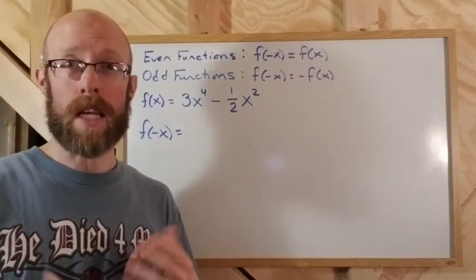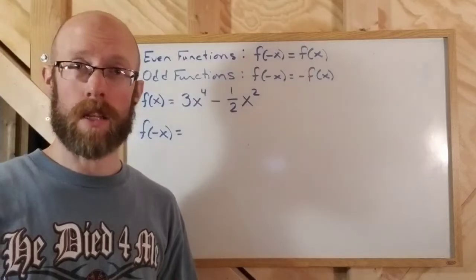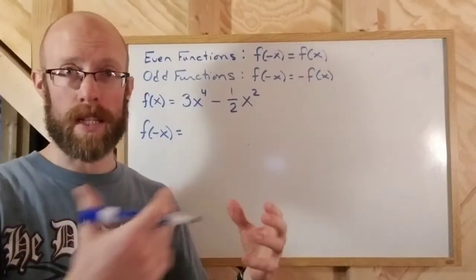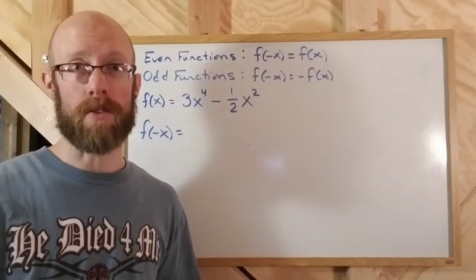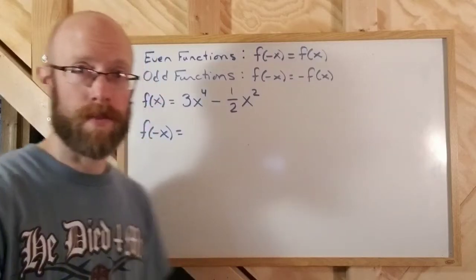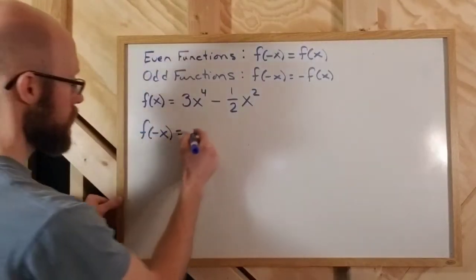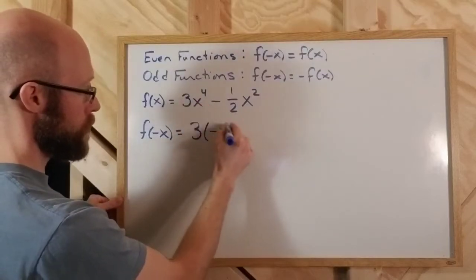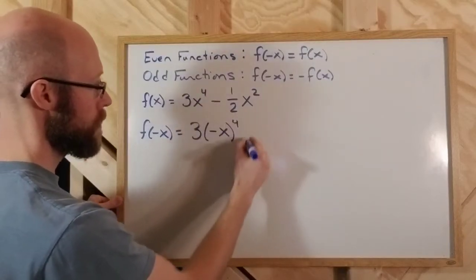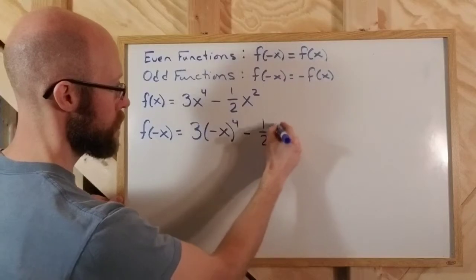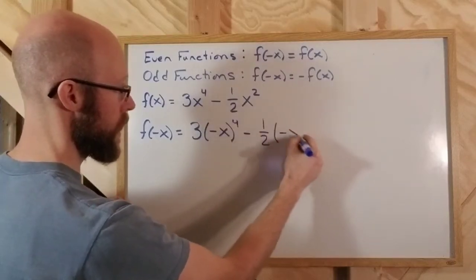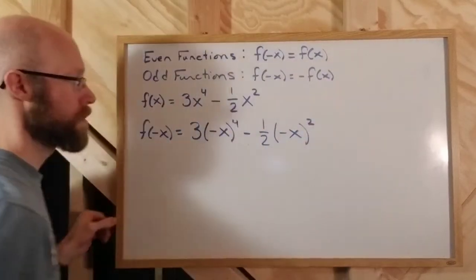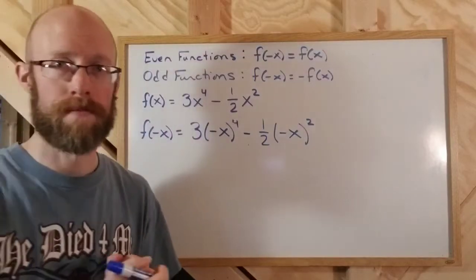And if I don't get the original function back, nor its opposite, then I have neither form of symmetry. So I plug in the negative x in place of the x. So I have 3 times negative x to the fourth minus 1/2 times negative x squared. That's just a substitution.